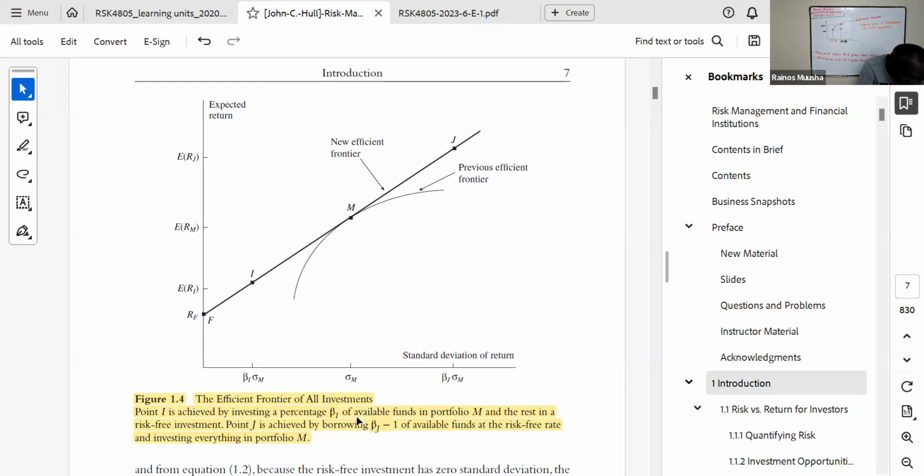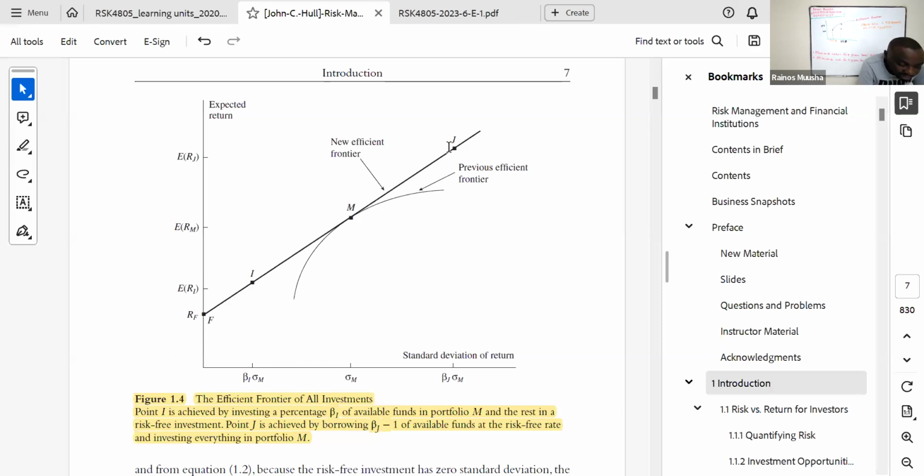And then the balance of the assets in your portfolio, you invest them in portfolio M. So to achieve point J, you're going to say, I'm going to borrow certain funds at the risk-free rate and take those funds and invest them in portfolio M.